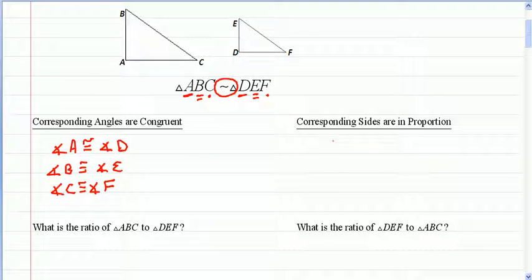The second thing we know about similar figures is that corresponding sides are in proportion.